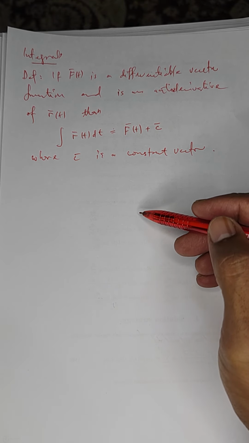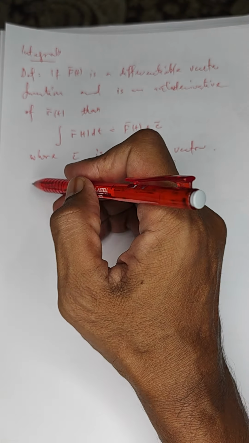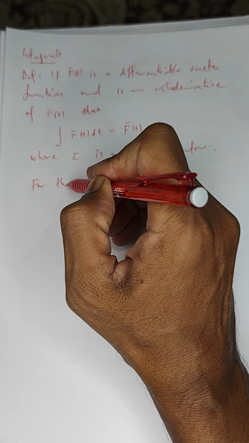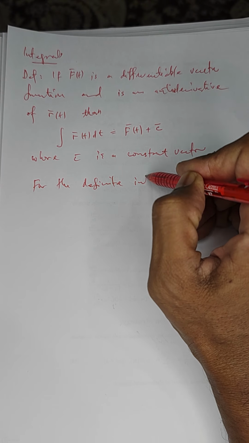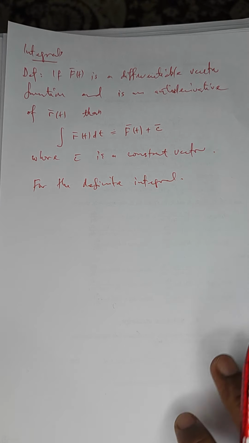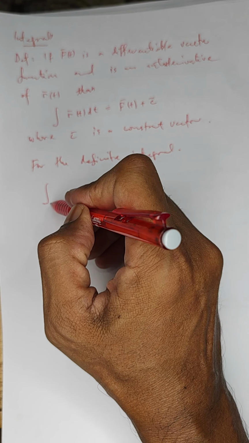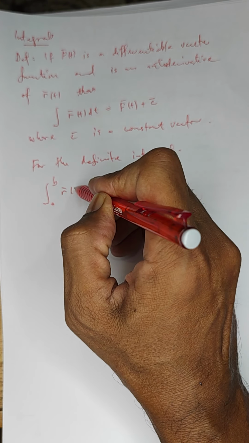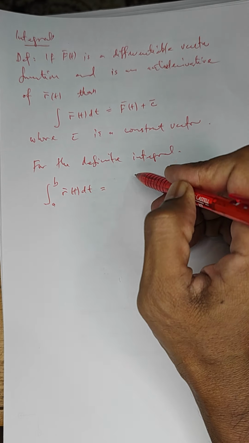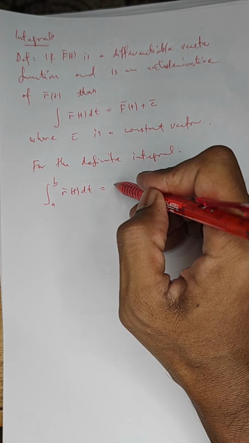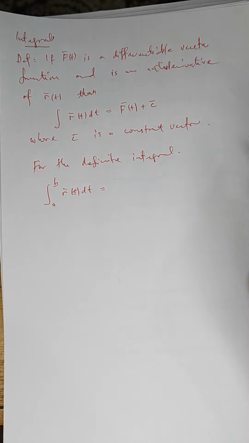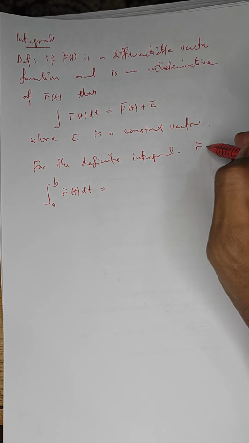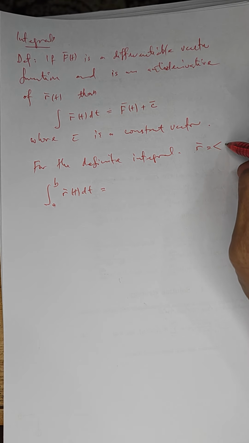And for the definite integral, if you integrate from a to b r(t) dt, remember that our r is f(t), g(t) and h(t).